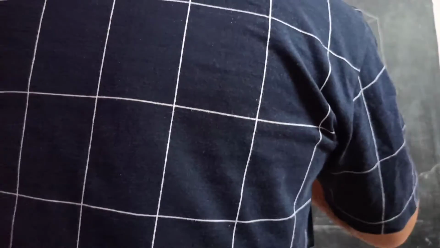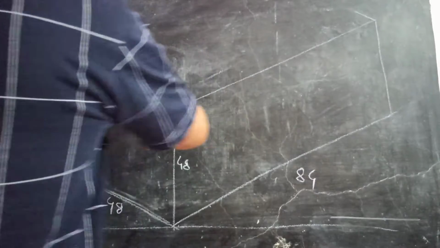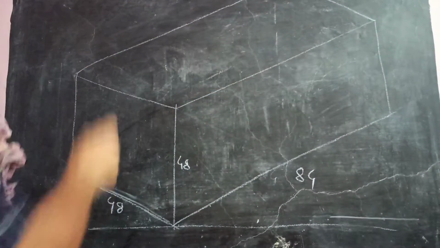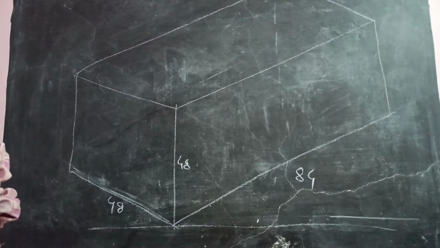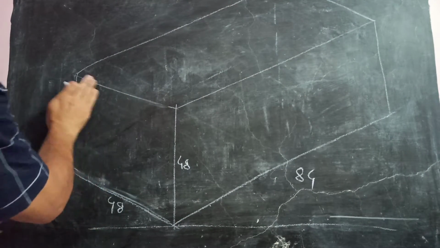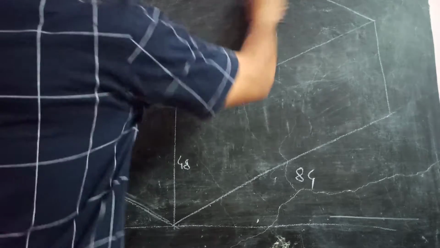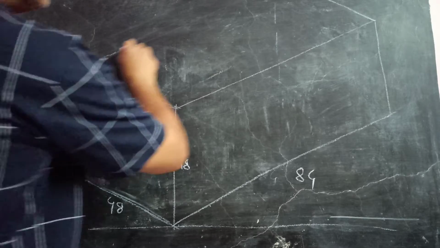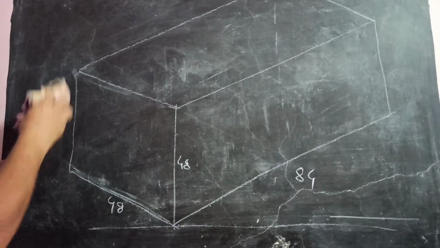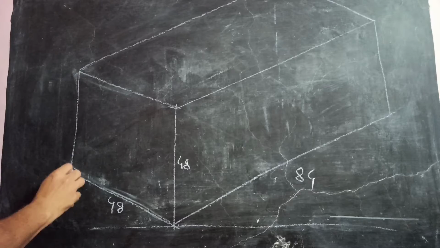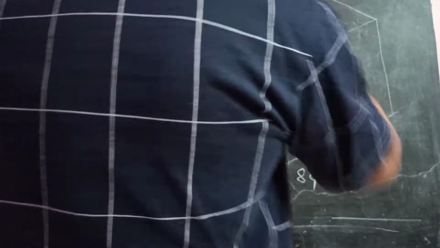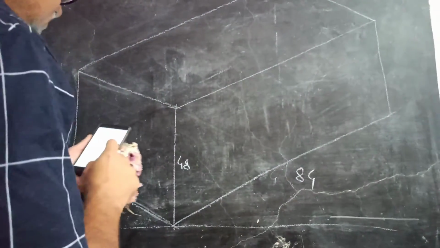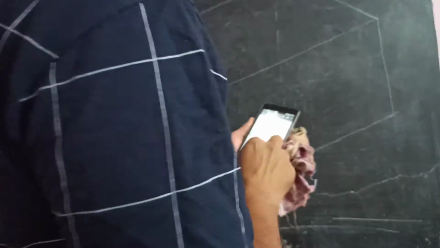So there is a round surface in the top view. So you can find out the round in the top view here. It is having the diameter as 48 because the radius is given as 24.